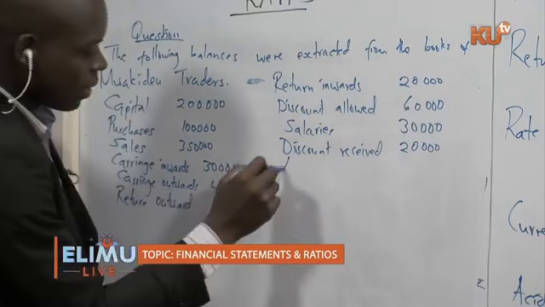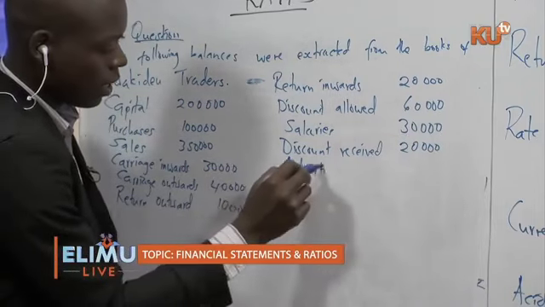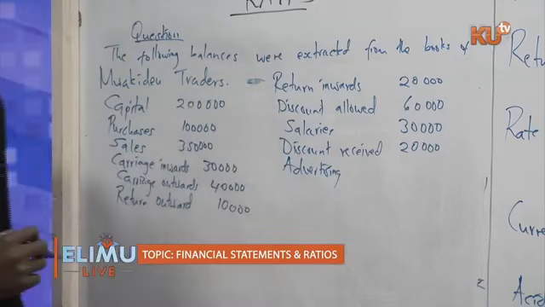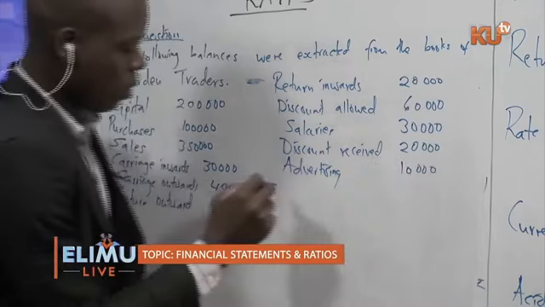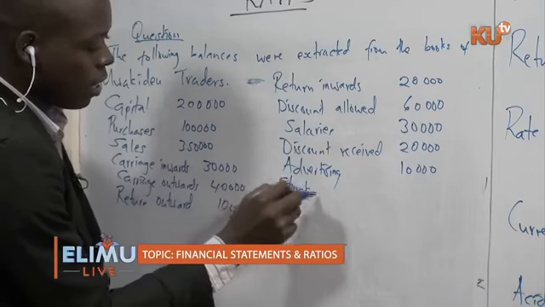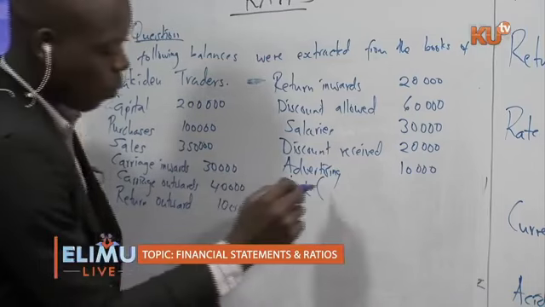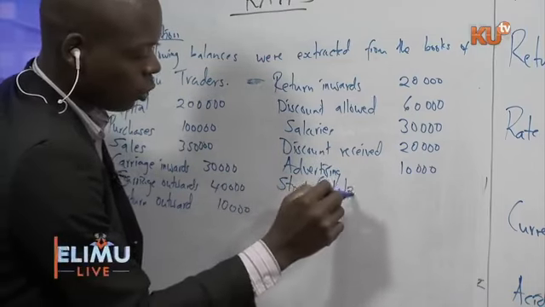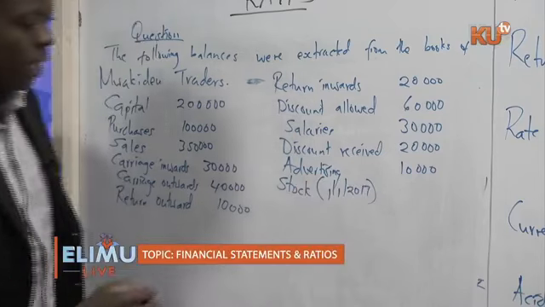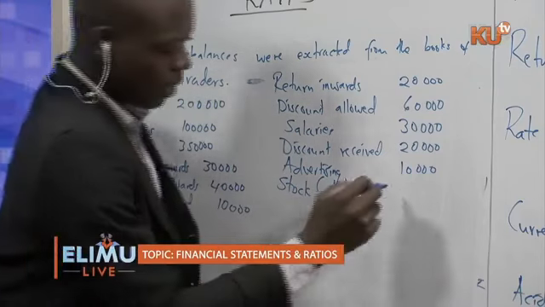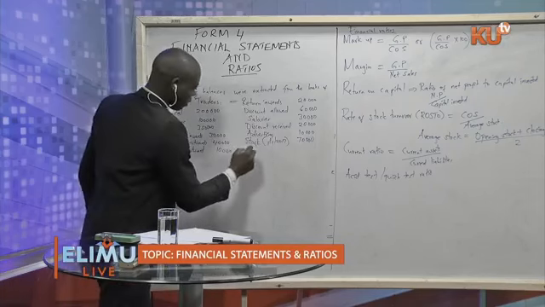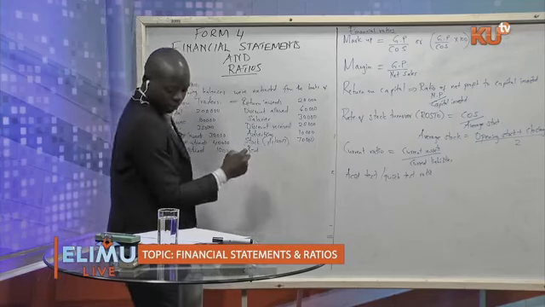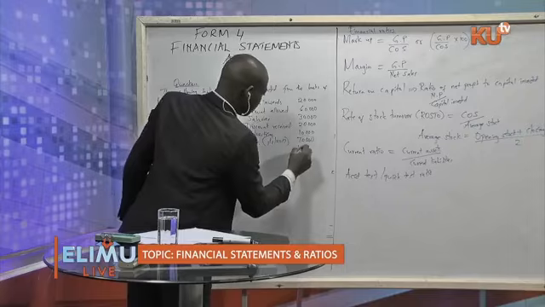We have advertising given as 10,000. We are given stock, and in bracket it is written 1/1/2017. That is on 1st January 2017. That is 70,000. And then we have rent, given as 15,000.